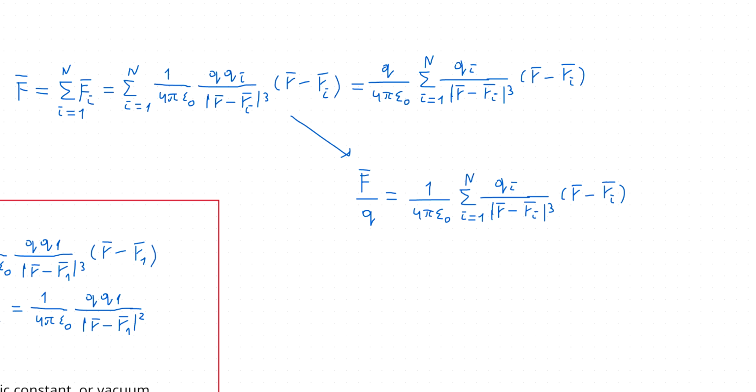So if, for example, we increase Q 2 times, the absolute value of F will also increase 2 times. But their relation F divided by Q doesn't depend on charge Q.